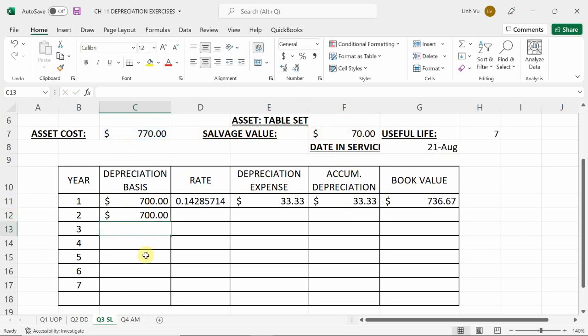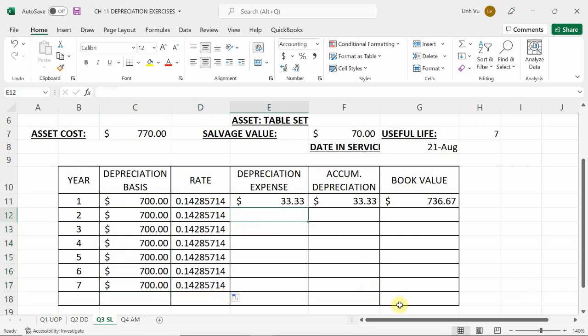Okay, and what do we know about this one? That the depreciation basis and rate will always be the same. Yes, so this is going to be the same, and the rate's going to be the same, and now you're depreciating for a whole year.